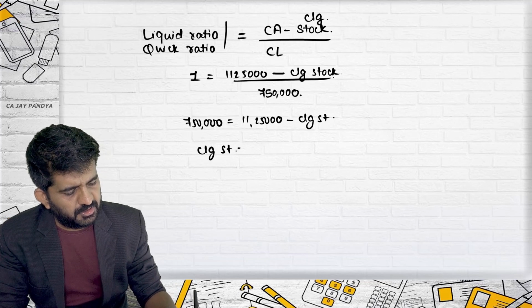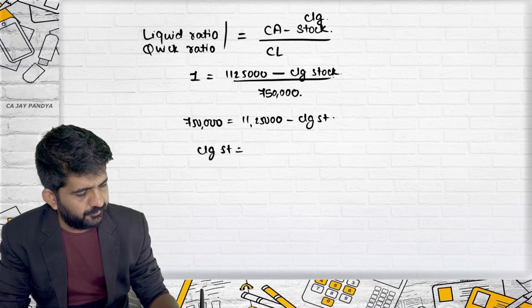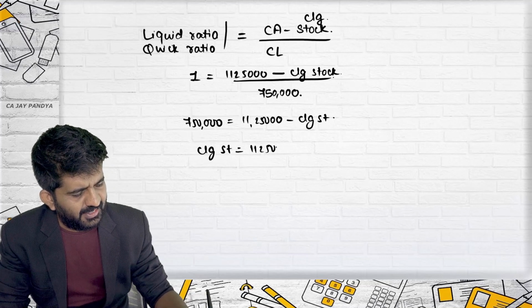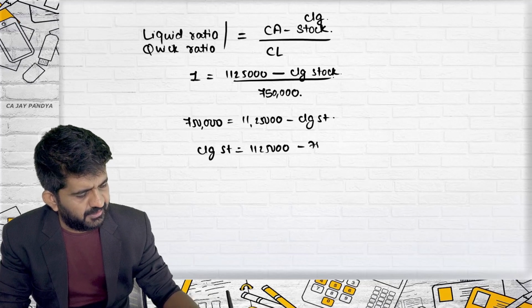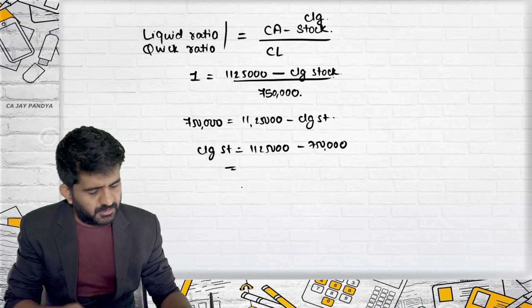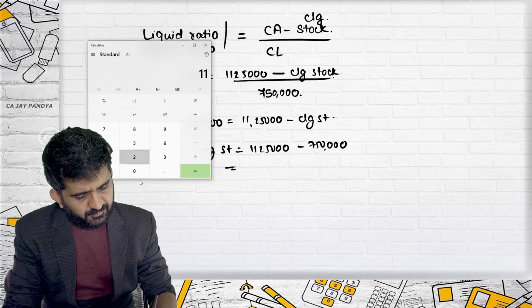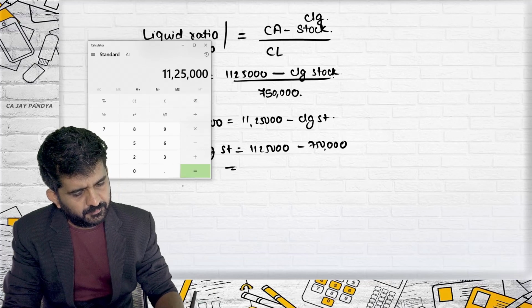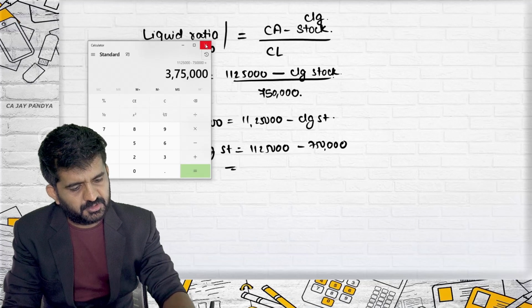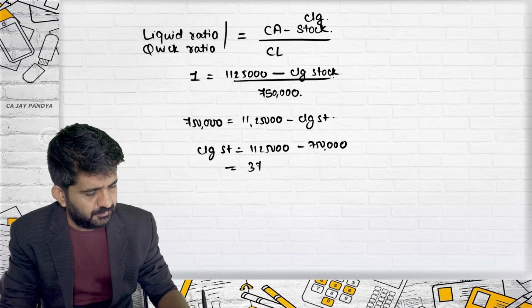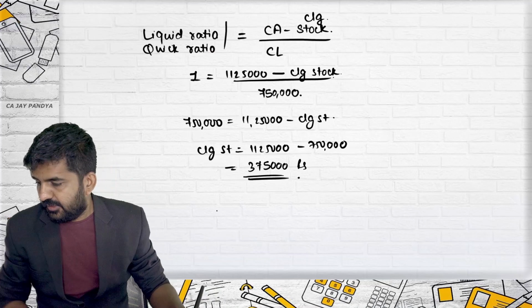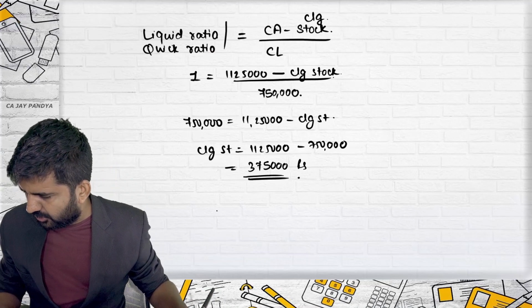So closing stock will be 11,25,000 minus 7,50,000. It is 3,75,000, which is nothing but closing stock.